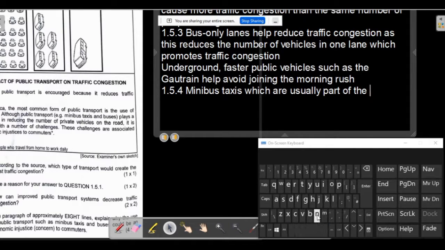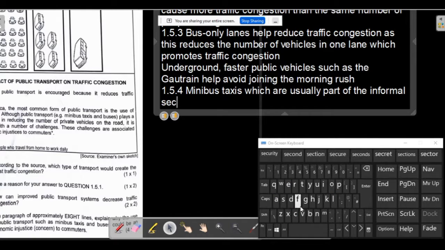Usually part of the informal sector, they raise prices uncontrollably.